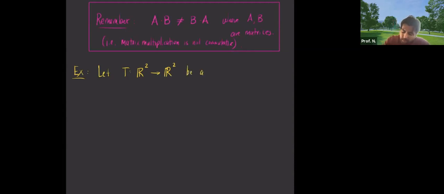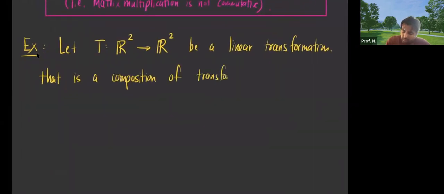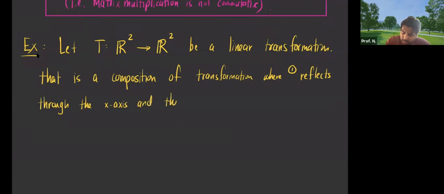So let T be a linear transformation that is a composition of transformations where first it reflects through the x-axis and then reflects through the line y equals x.